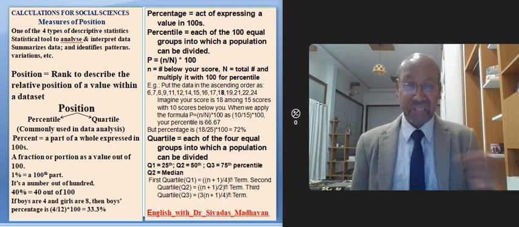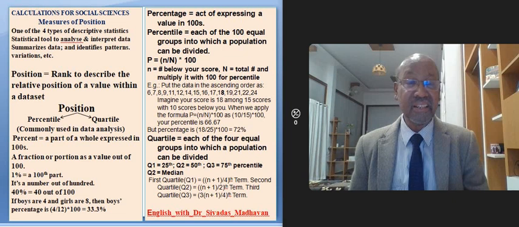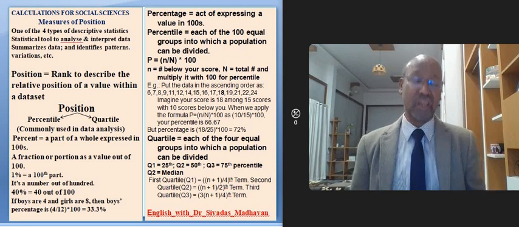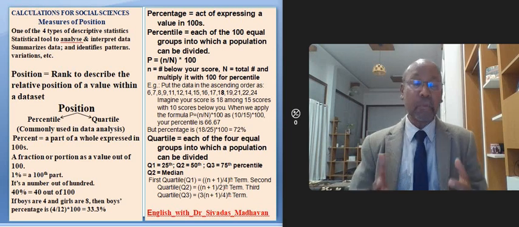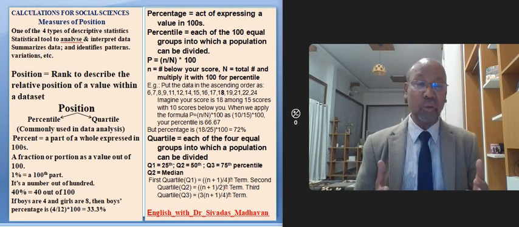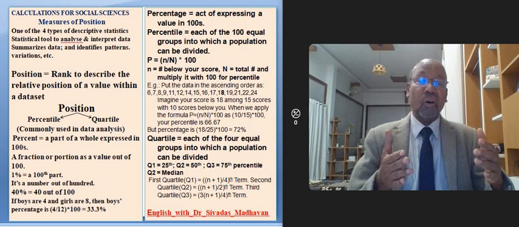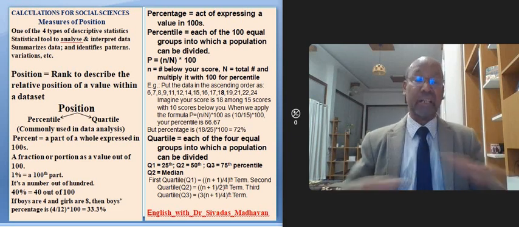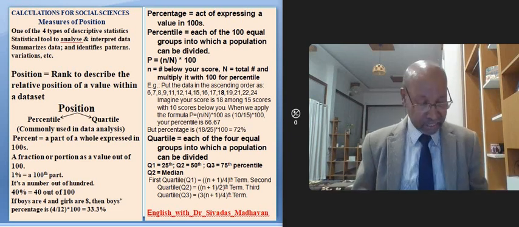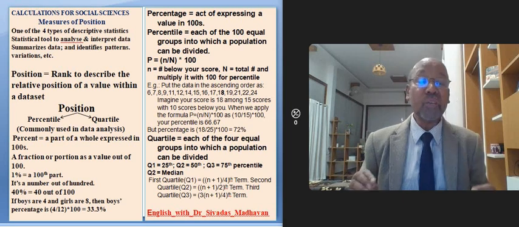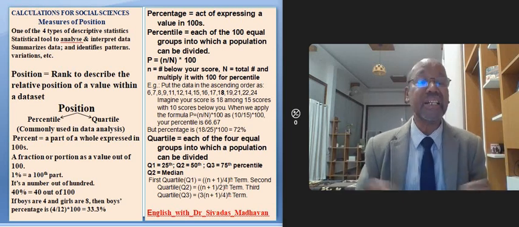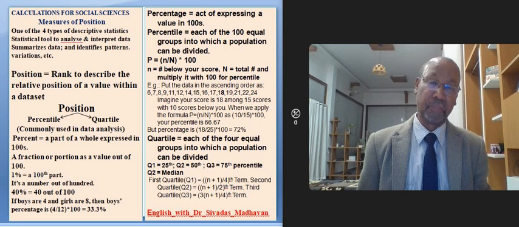We know your percentage is 72, but your percentile is 66.67. It means 66.67 is the value which shows your position or your rank. It's a value below which a certain percentage of data falls.